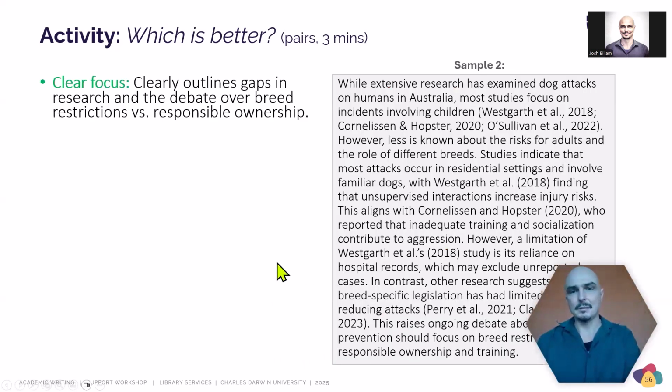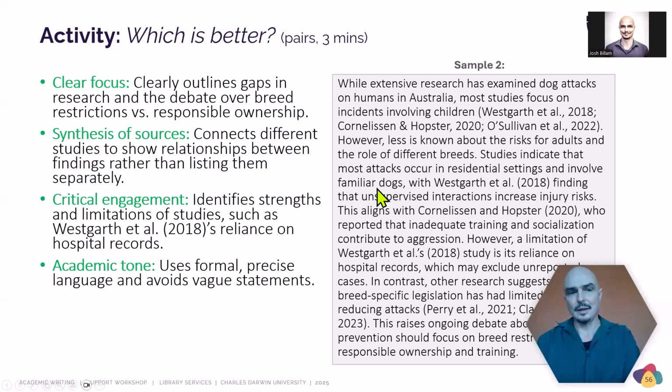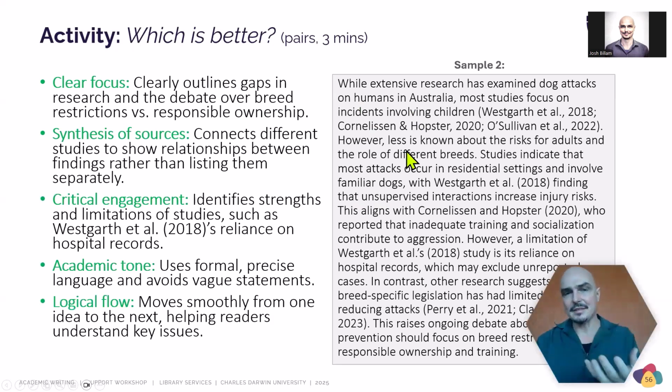But this one really makes them talk to each other. It says that Westgarth, Corneliuson, and O'Sullivan all say this. And then it says, on the other hand, this one disagrees with that.